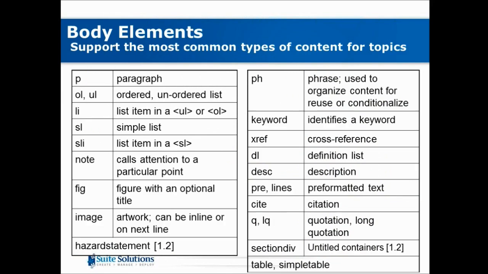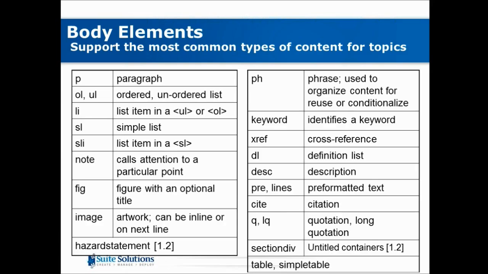I'll go through another couple of slides and then I'm going to actually show you an example. So the structure that I've been showing you up until now is basically the structural hierarchy of DITA topics. But within that hierarchy, you can use body elements to fill in the actual content.